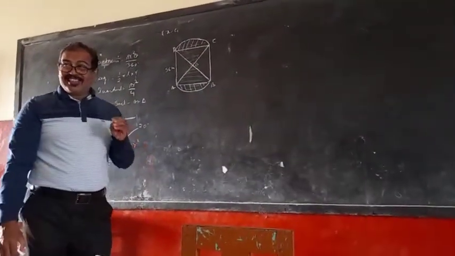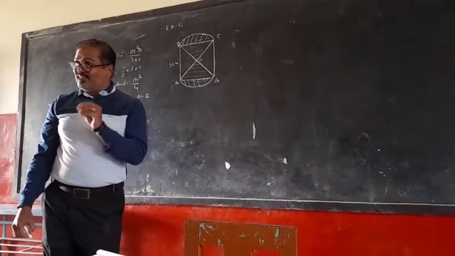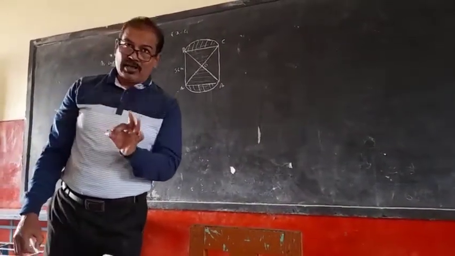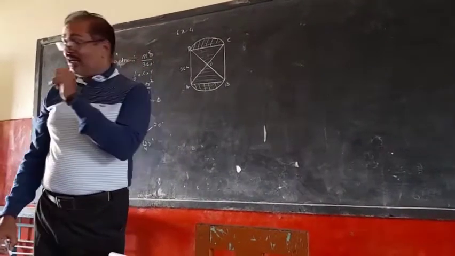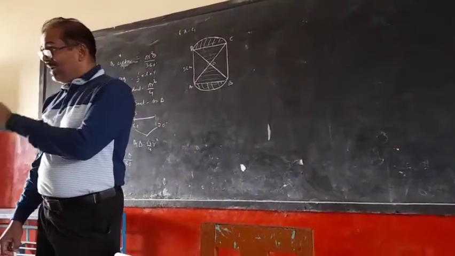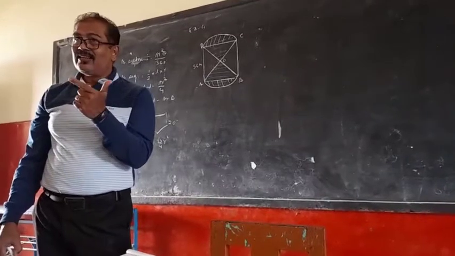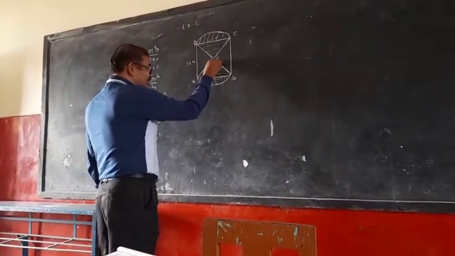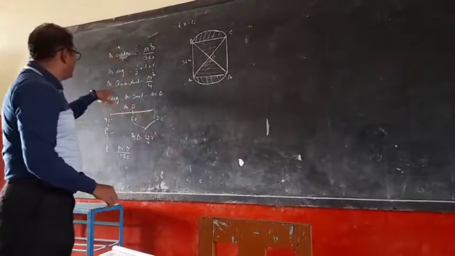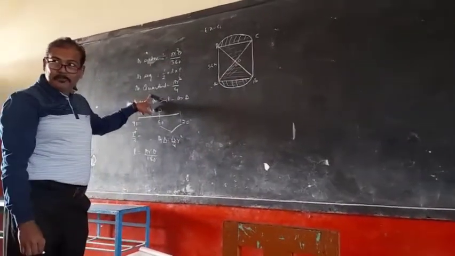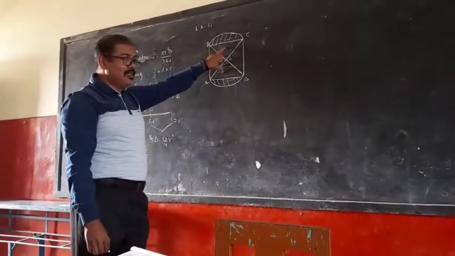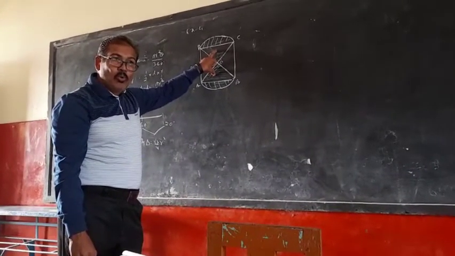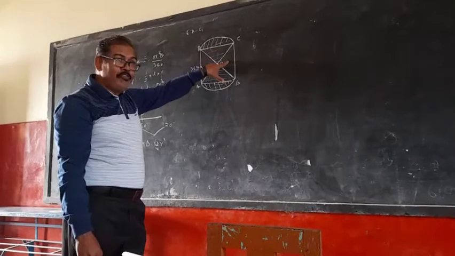Now since it is a square, what is the characteristic of the diagonals of a square? The diagonals of a square are equal and bisect at 90 degree, which means each shaded region represents a quadrant.